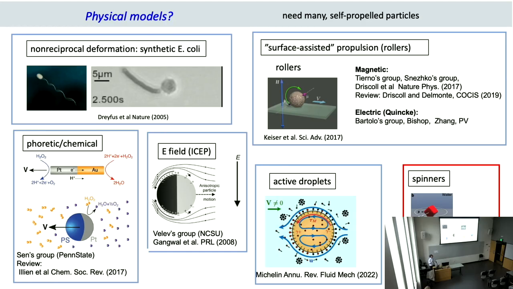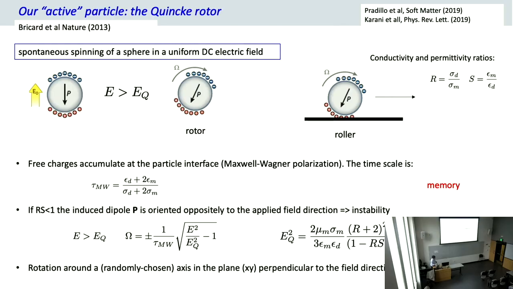We're using the electric field to energize the particle, but the electric field has no impact on determining the direction in which it is going. Other people have also used magnetic fields. We like the Quincke Rotor for several reasons, and I'll go through them here.